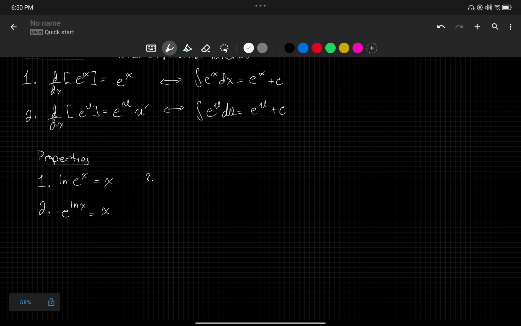And then the next ones are called one-to-one properties. So these are especially useful for solving equations. This is number 3. If e to the x equals e to the y, then x equals y. The way I like to think about this one is if you have the same base on both sides, you can kind of visualize canceling.